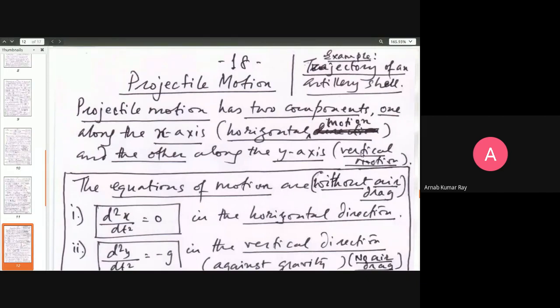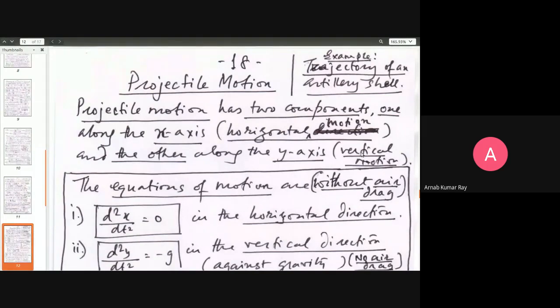I hope you know what a projectile motion is like. An artillery shell is fired at an incline. If you have seen news items on the war going on right now in Ukraine, or on the line of control with Pakistan on the Kashmir border, you will see artillery shells being fired.